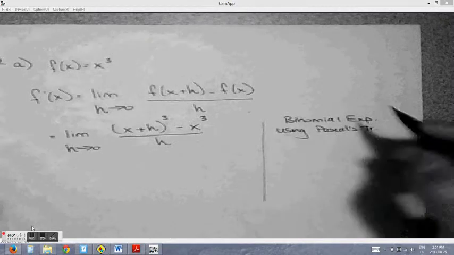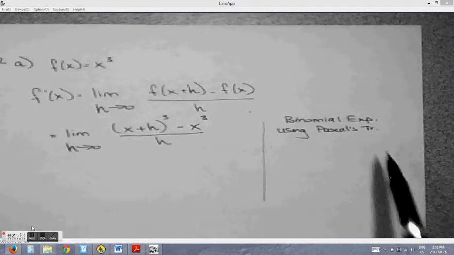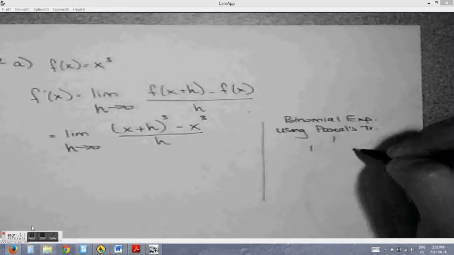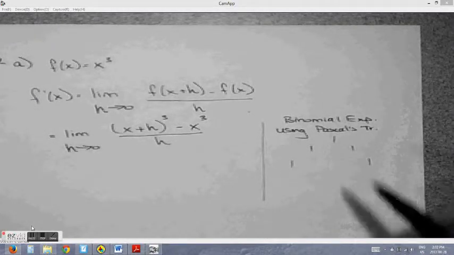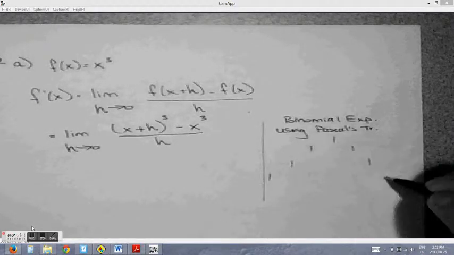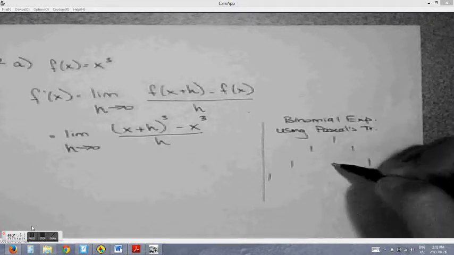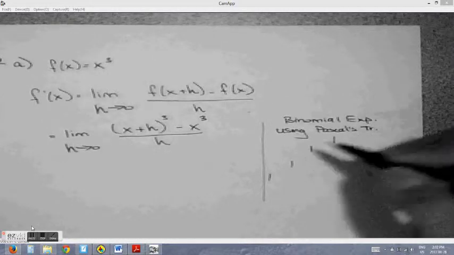So what I'm going to do now is sketch out Pascal's triangle. Remember, we always start with 1, and all the outer parts of the triangle are 1. If we want to find the inner terms, we add the terms above it to get the next term.